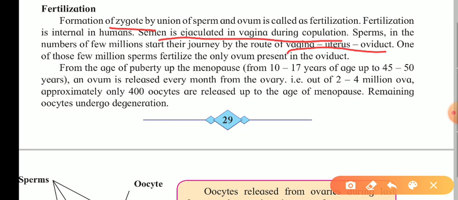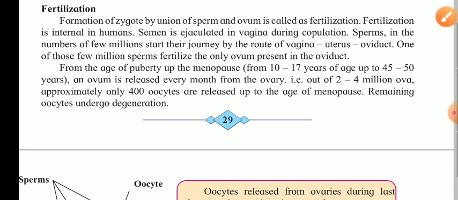That means the 2 to 4 million ova present at the time of birth in the girl child, only around 400 in the complete life cycle are released up to the age of menopause. The remaining oocytes undergo degeneration.